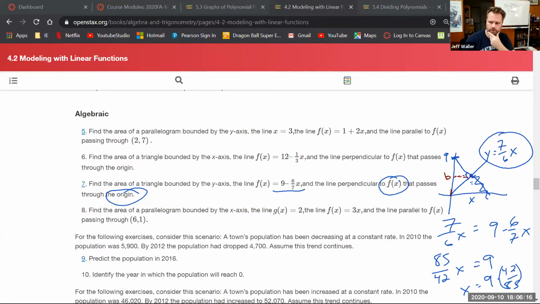Well, is it 9 times 42/85? Is 42/85 reducible? I don't think so. Anyway, I'm not gonna worry. All right. So I'm not hearing anything. I'm gonna assume that was okay.